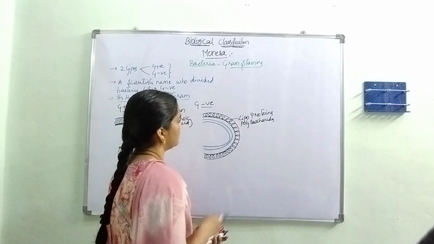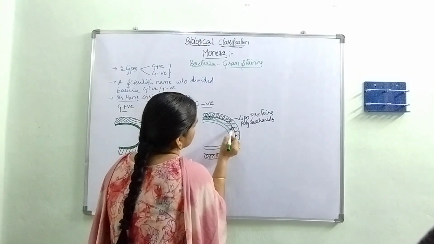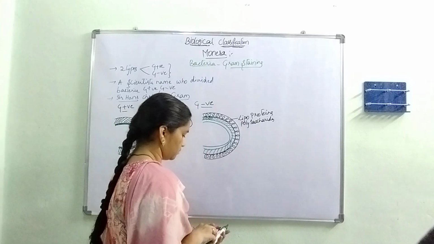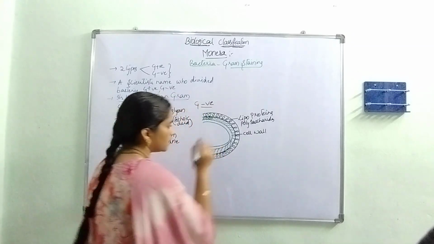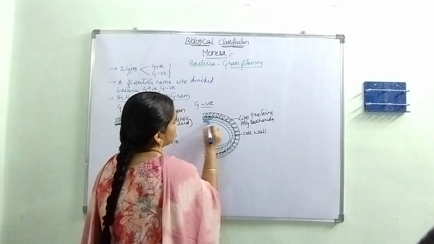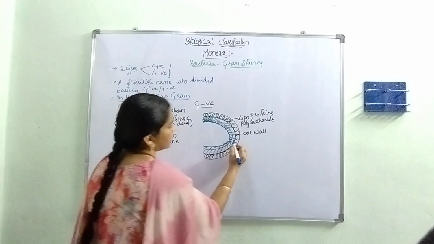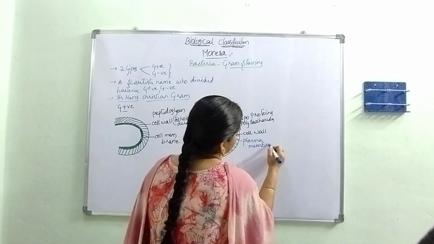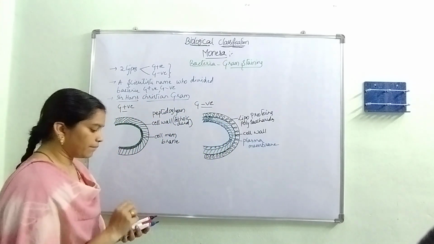The second one is the cell wall, and the third one is the plasma membrane. So there are three layers in gram negative bacteria.